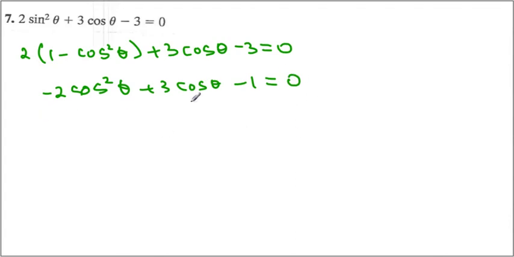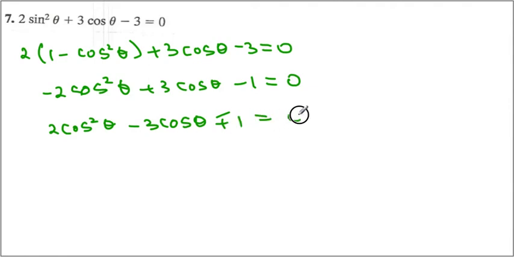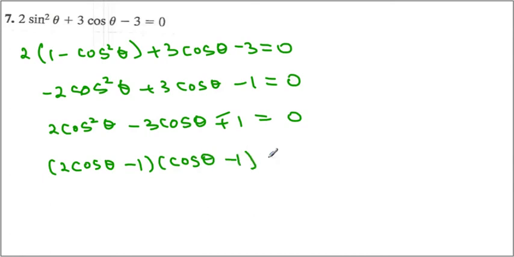Now once you multiply everything by negative, then we end up having 2 cosine squared theta minus 3 cosine theta plus 1 equals to 0. Then we can factor this one by 2 cosine theta minus 1 and cosine theta minus 1.